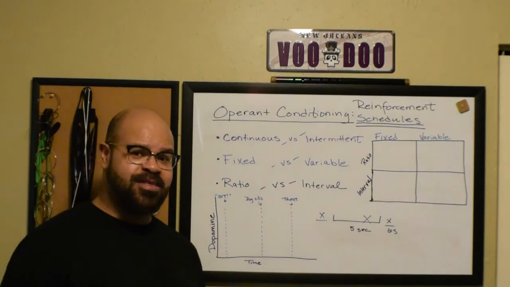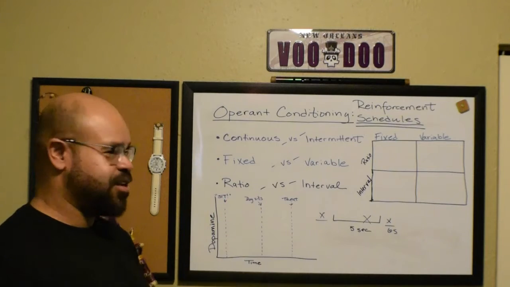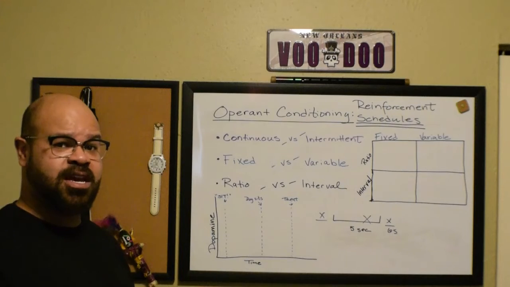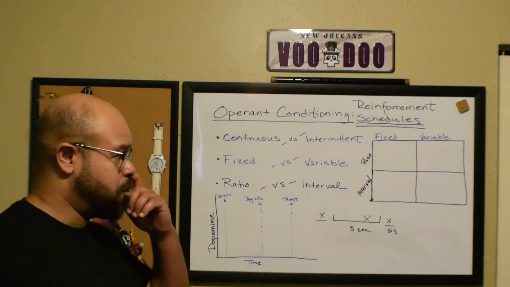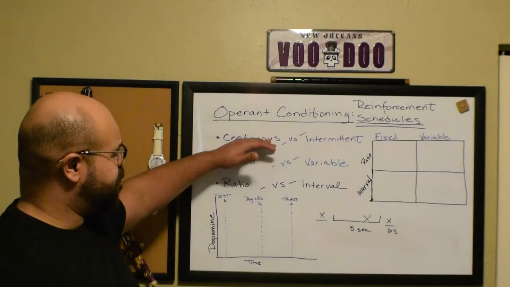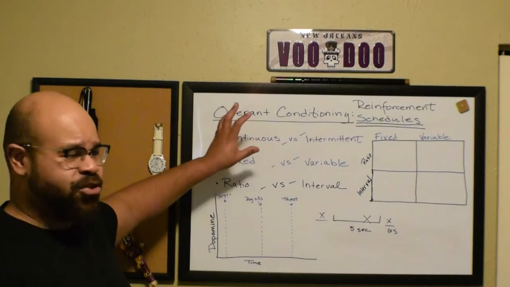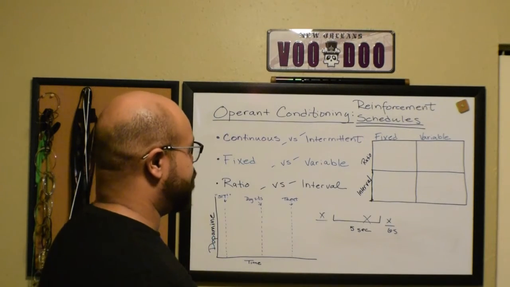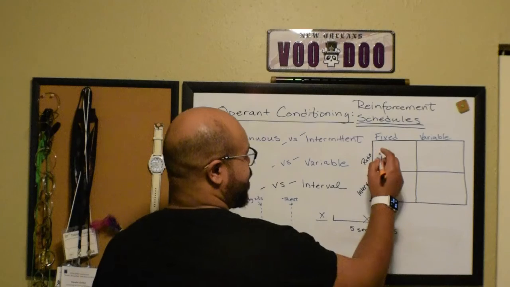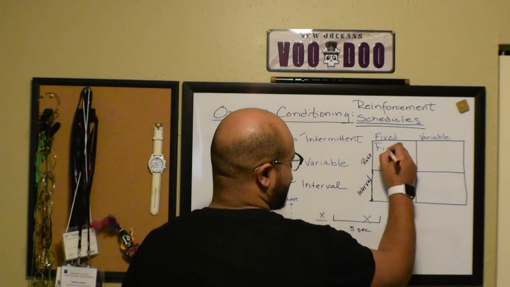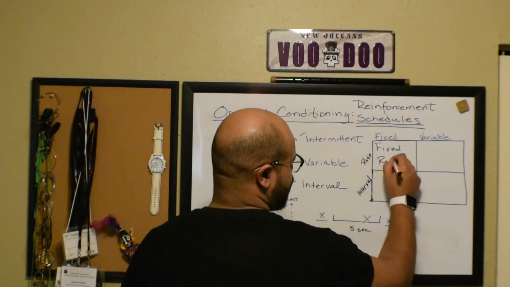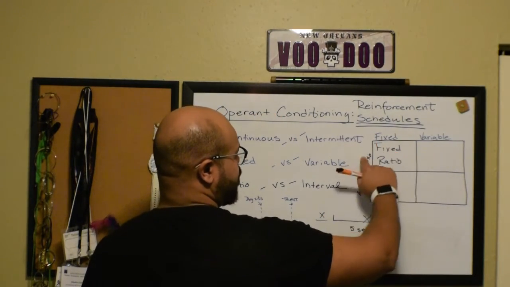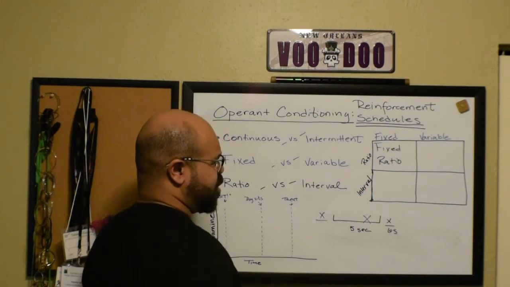All right, so from these 4 sets of words, or these 2 sets of 2 words, we can again create one of these 2x2 matrices and think about the different types of schedules altogether that we can have. Again, thinking about continuous is maybe one other type that sort of has a Venn diagram, it fits on some of them, but it's also its own thing. So here we've got a fixed ratio schedule. If you can't see this, it says fixed and variable along the top, and then ratio and interval along the side.